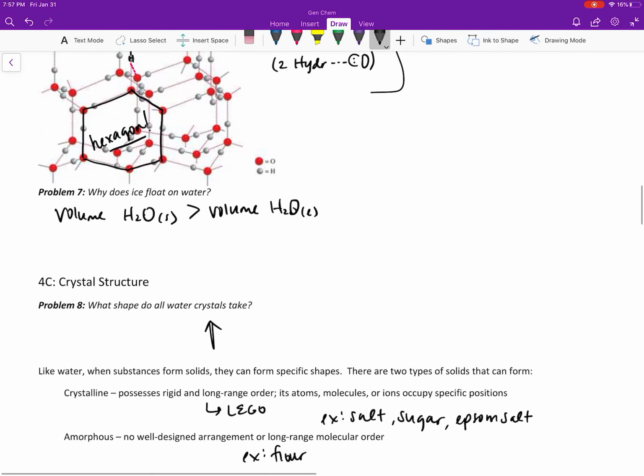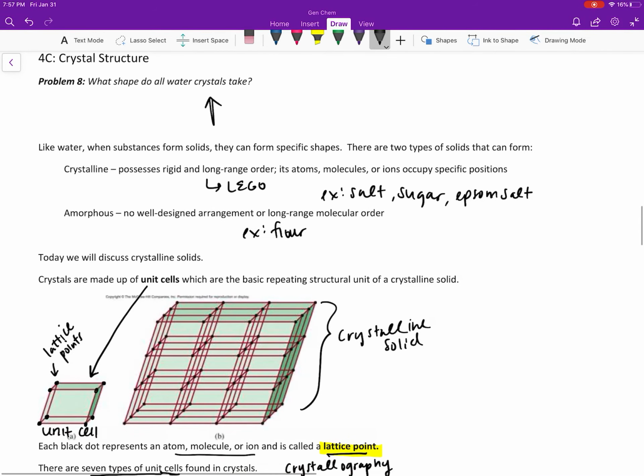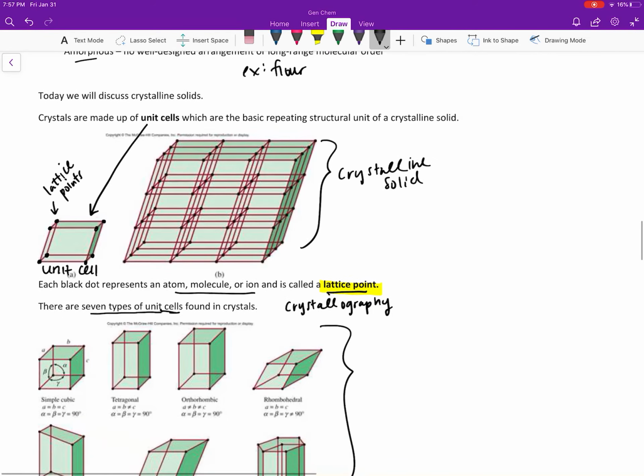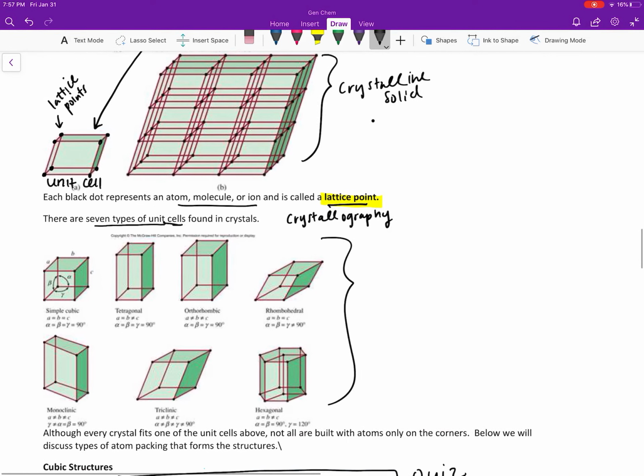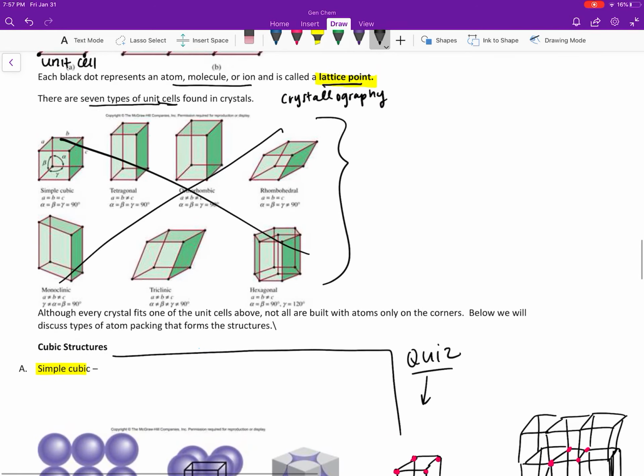We talked about why ice floats on water, that it's not about the mass, it's about the volume, the area that it takes up. And then we talked about crystal structures, and we again redefined crystalline and amorphous. We talked about unit cells and lattice points and the crystalline solid. And then we said don't necessarily worry about memorizing these, but just realize that there are different shapes.